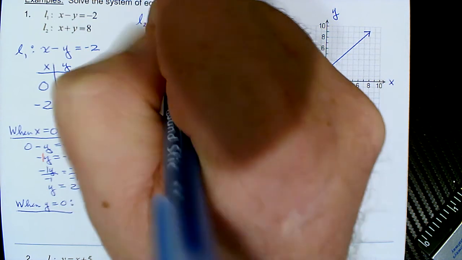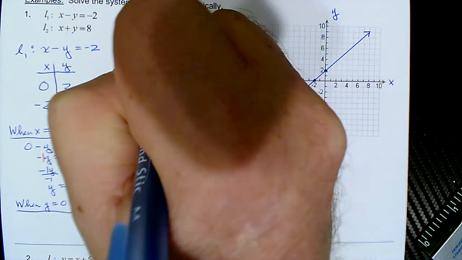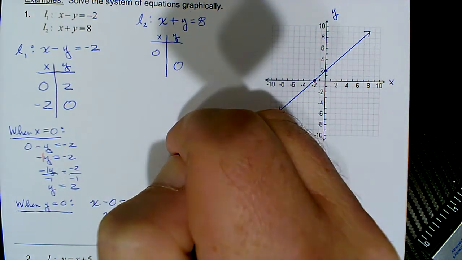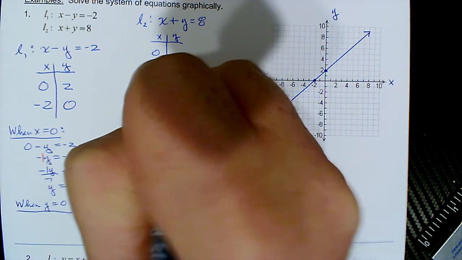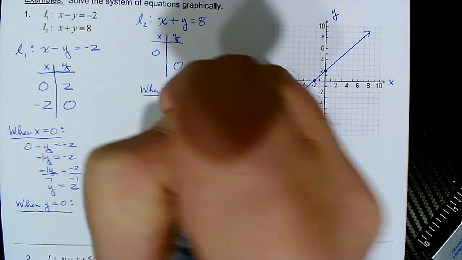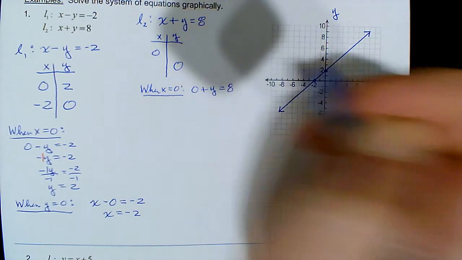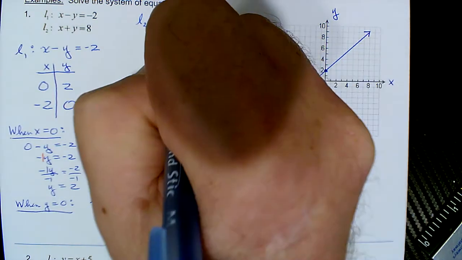So I'll recopy it. And again, the intercept method, I think, is the best method here as well. So we'll do the x and y. Let x be 0 on one occasion, let y be 0 on the other occasion. Show the work here. When x is 0, 0 plus y equals 8. Kind of silly to even show that substitution, right?